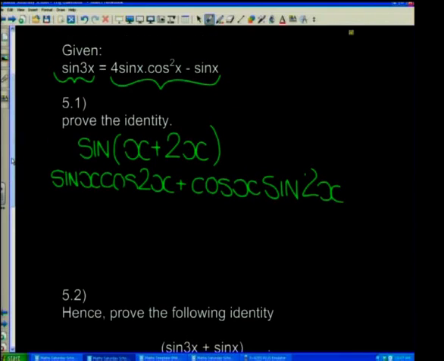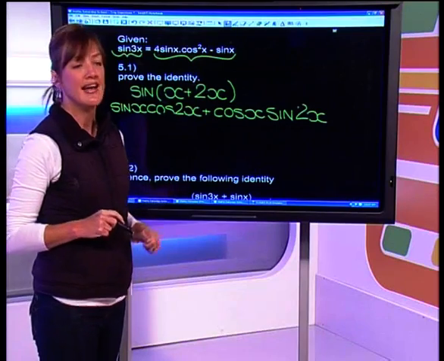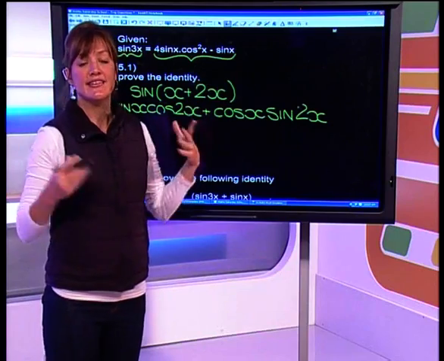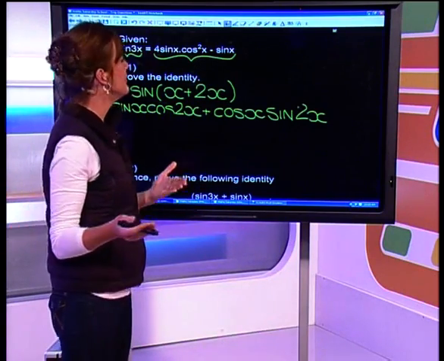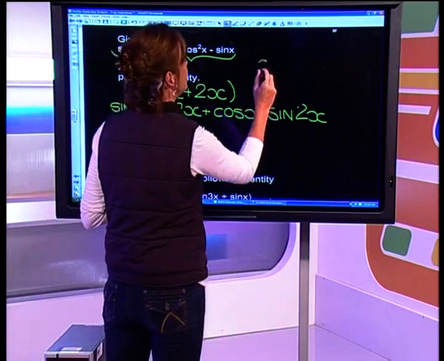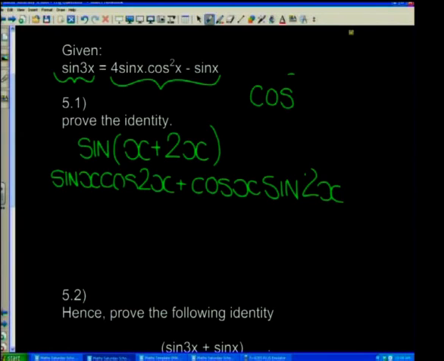Now, looking at what I'm trying to prove on the right-hand side, there's a combination of sines and coses over there. All right? So I'm going to use the identity of cos squared x minus sine squared x for my cos 2x. Sorry, I was saying theta, it should be x, okay?